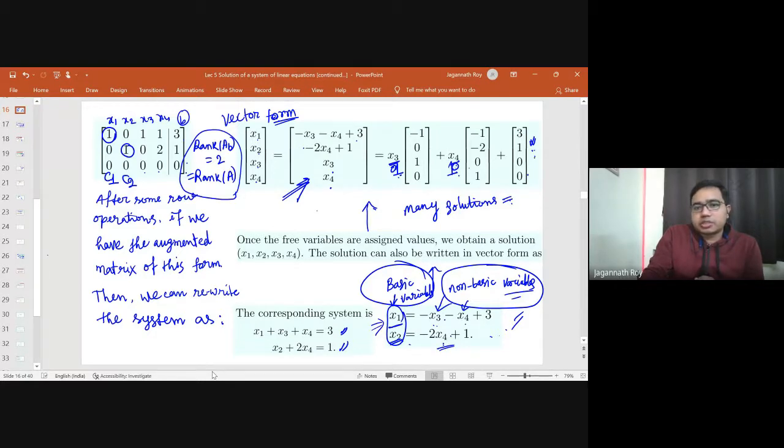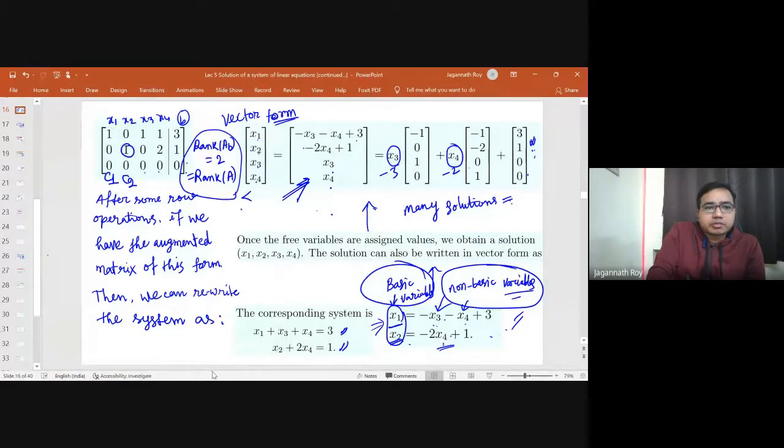So how many possible choices can you have? Infinite. They are free variables, which means you can choose any value. You can choose negative also, -3, -2. Whatever you choose will become a solution for this particular case, because it does not have full rank.